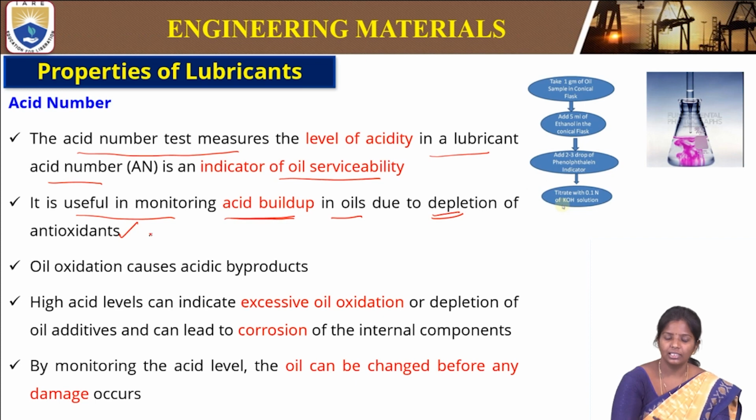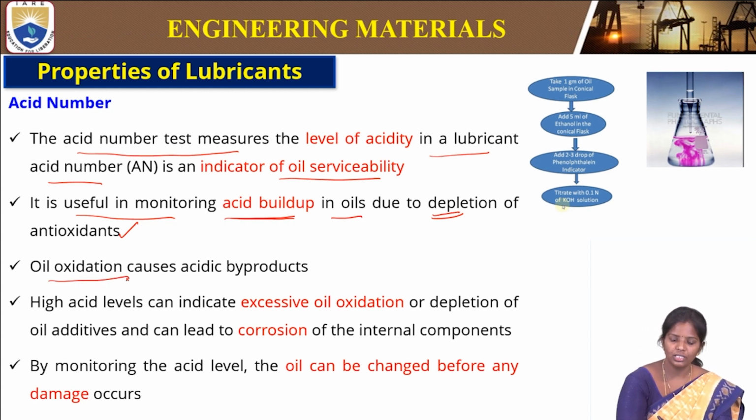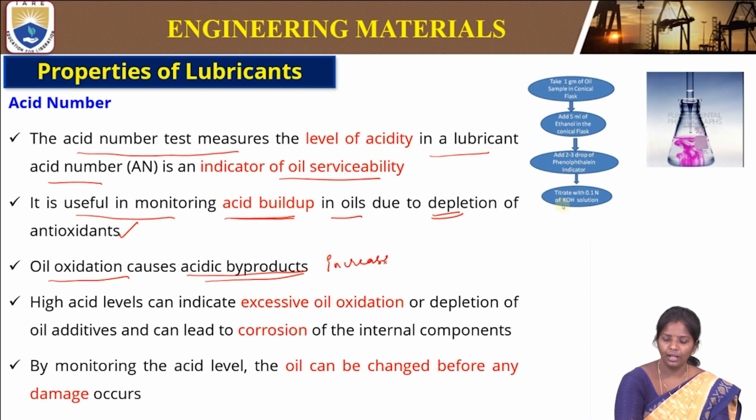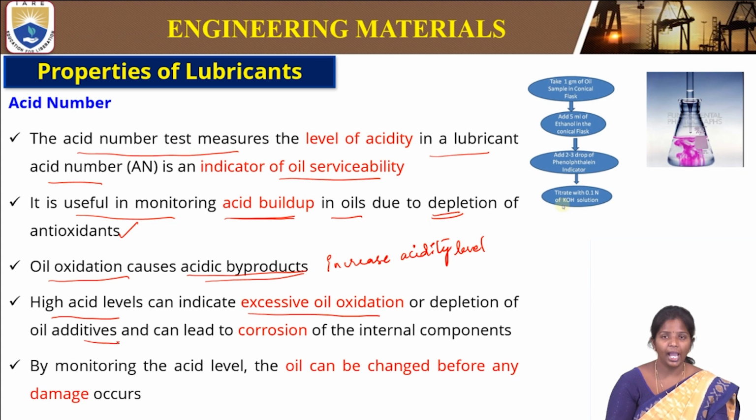So this acid number will give an understanding of how much acid is present in that particular oil or lubricant. Oil oxidation causes acidic byproducts. These byproducts will increase the acidity level in the oil or the lubricant. High acid levels can indicate excessive oil oxidation or depletion of oil additives, and can also lead to corrosion of internal components.